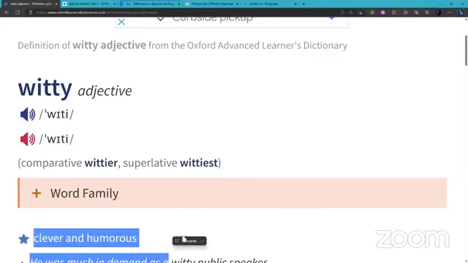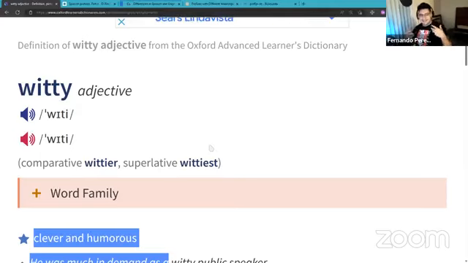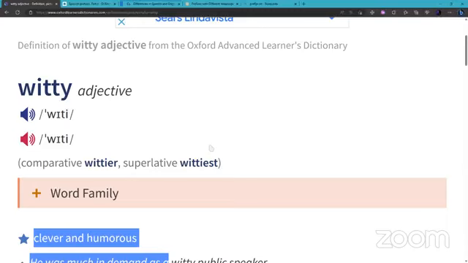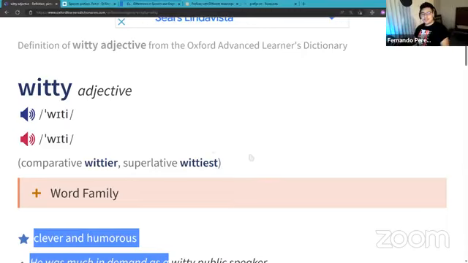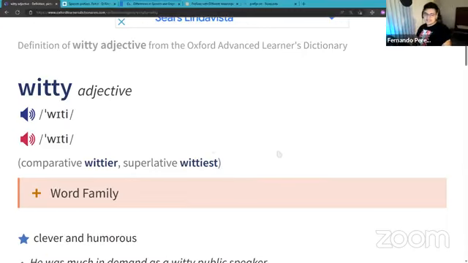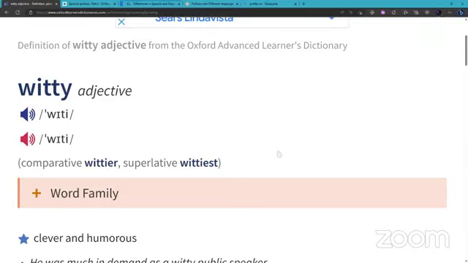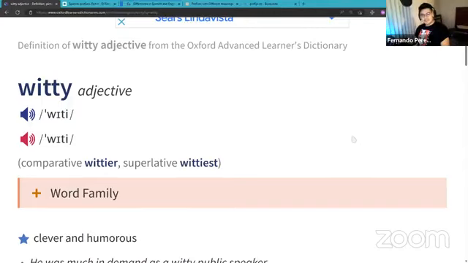A person that has very, very good humor. It's almost British. Looks British, but it's not. It's very American too. If you want to do stand-up, you need to be very witty, very agile with your words.